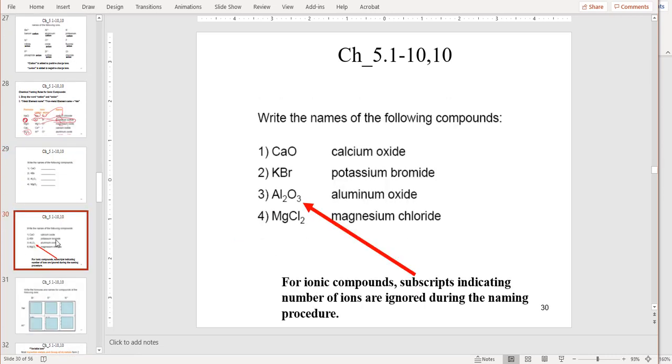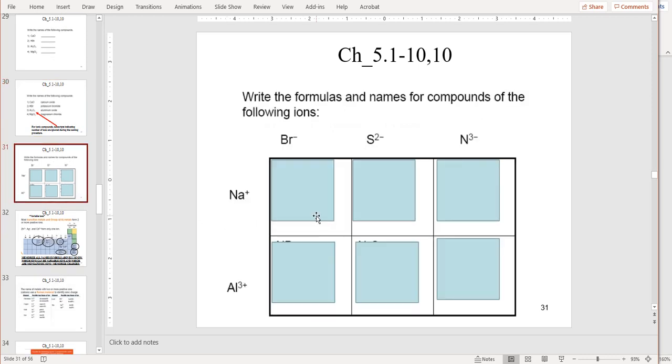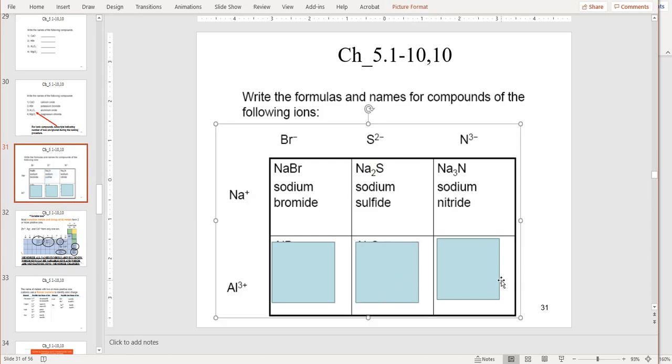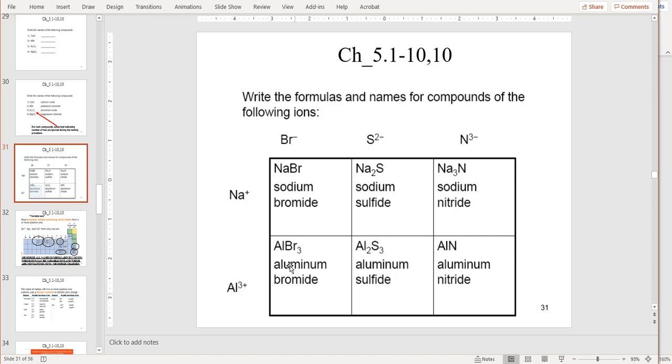So we have examples for these. You can go through. So sodium bromide, sodium sulfide, Na2S, sodium nitride. So make sure to master these.